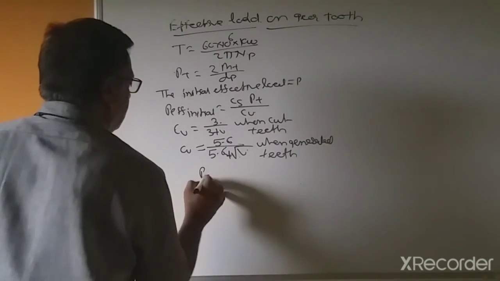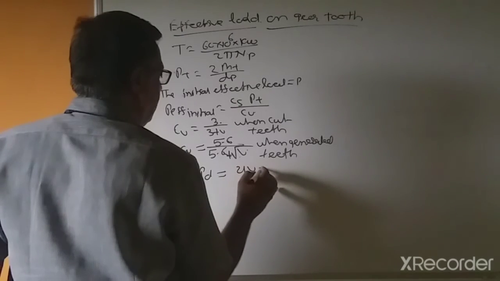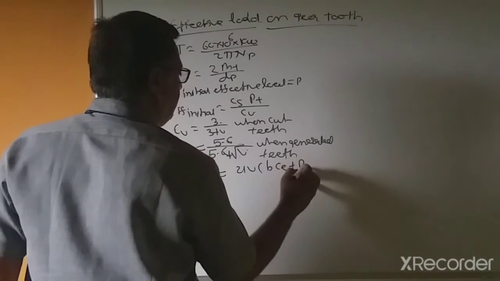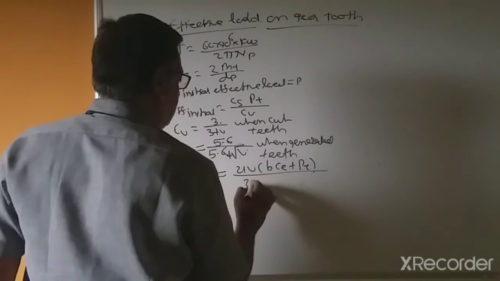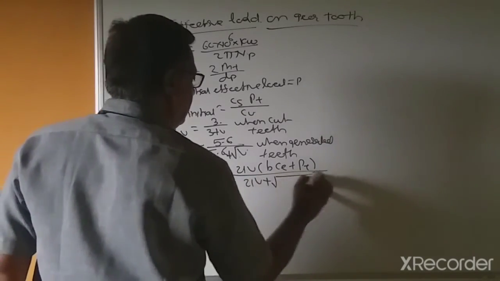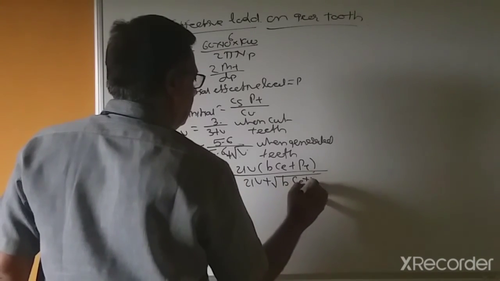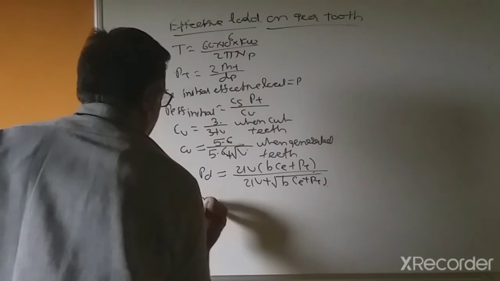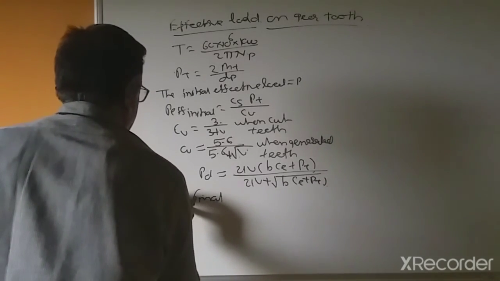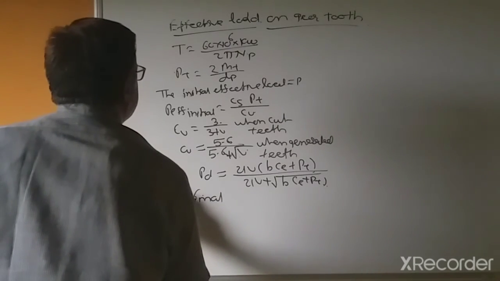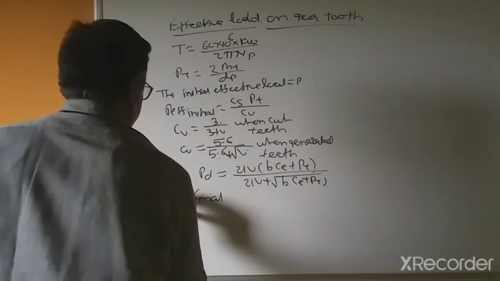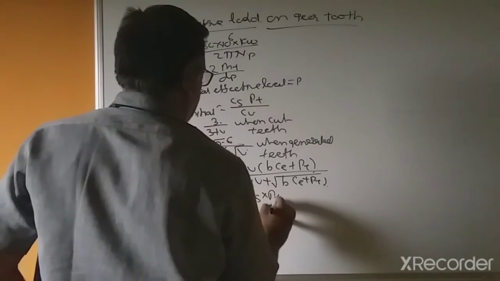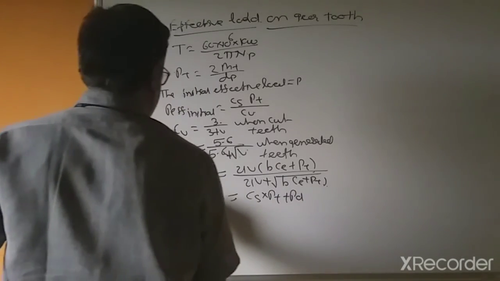And dynamic load PD equal to 21V in brackets BCE plus PT divided by 21V plus under root BCE plus PT. And final effective load equals CS into PT plus dynamic load.